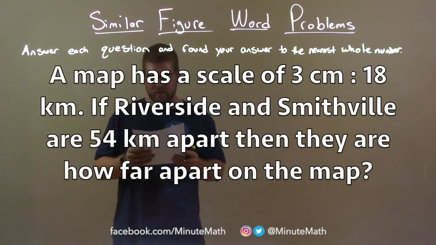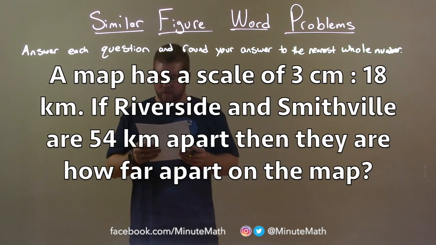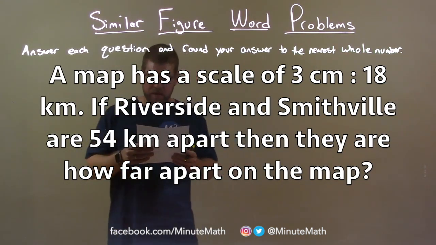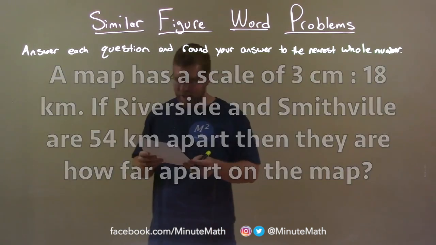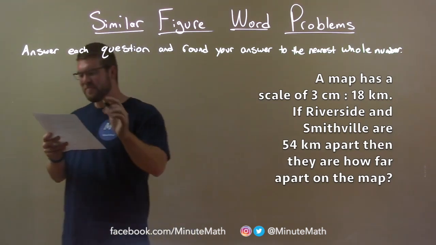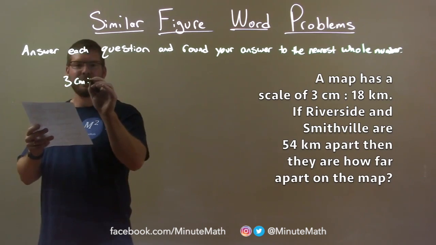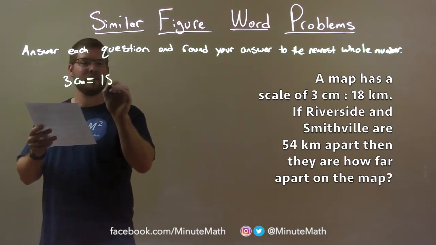A map has a scale of 3 centimeters to 18 kilometers. If Riverside and Smithville are 54 kilometers apart, then how far apart are they on the map? We take the scale. 3 centimeters equals 18 kilometers.